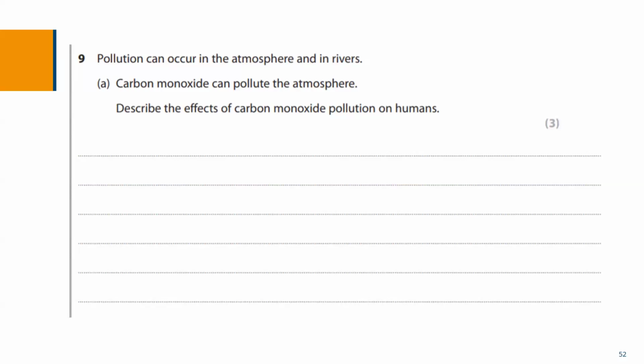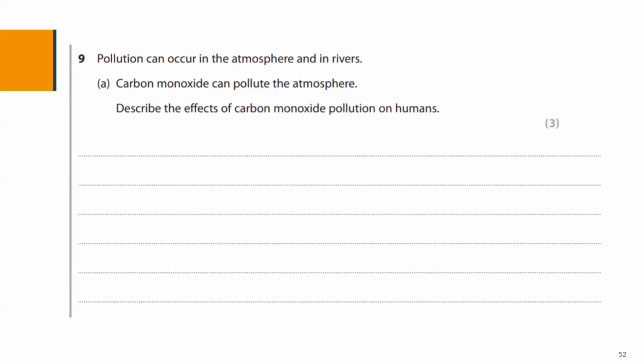Pollution can occur in the atmosphere and in rivers. Carbon monoxide can pollute the atmosphere. Describe the effects of carbon monoxide pollution on humans. So I think quite rightly, nobody's going for AO3. It's clearly not a practical question, so I'd agree with that.